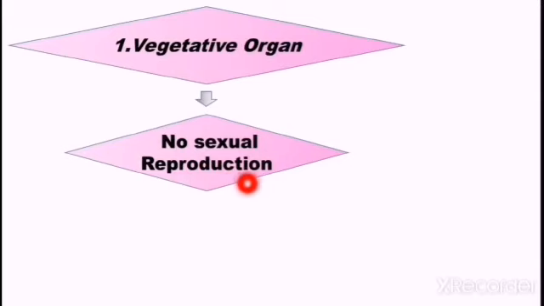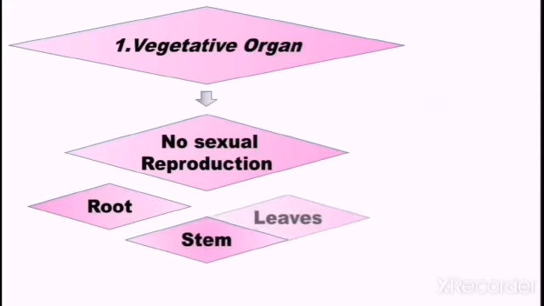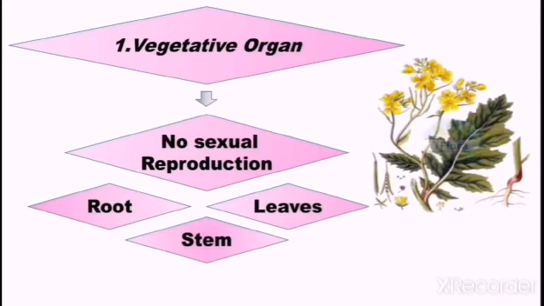Now what is sexual reproduction? In sexual reproduction, two different parents are involved and they produce the offspring. Root, stem and leaves are the vegetative organs. These are the roots, this is the stem and these are the leaves that are known as vegetative organs. Why are they known as vegetative organs? Because they do not take part in sexual reproduction.